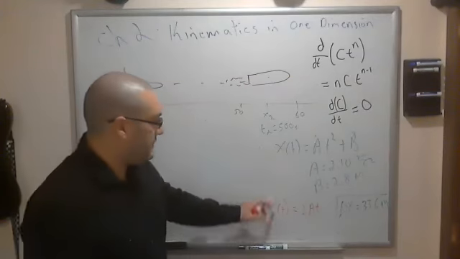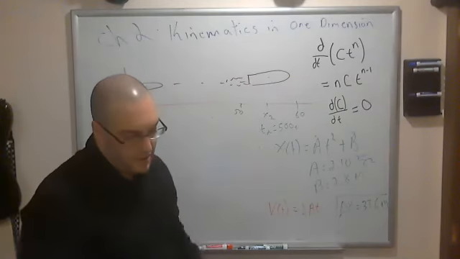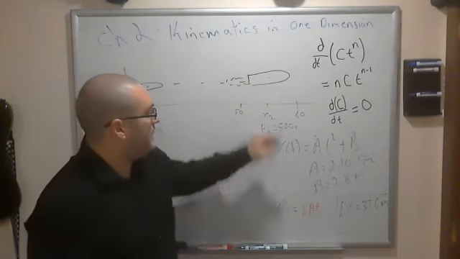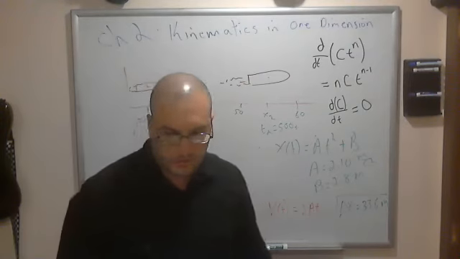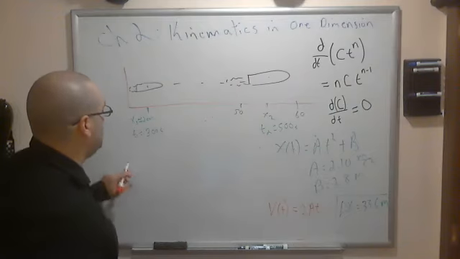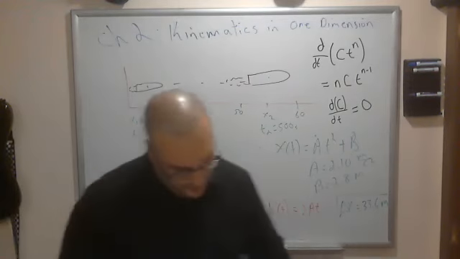So this is the instantaneous velocity. We got the position, and to fully describe the motion of this, we kind of need to know the acceleration. Now, what is the acceleration? The instantaneous acceleration, let's say.